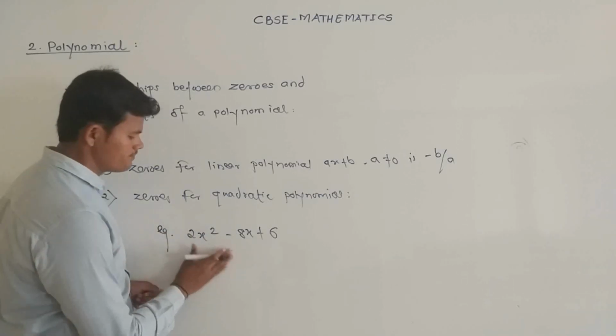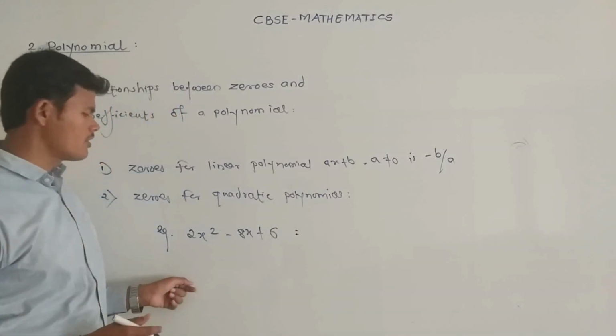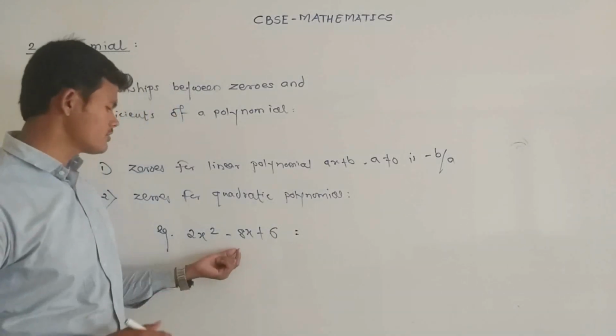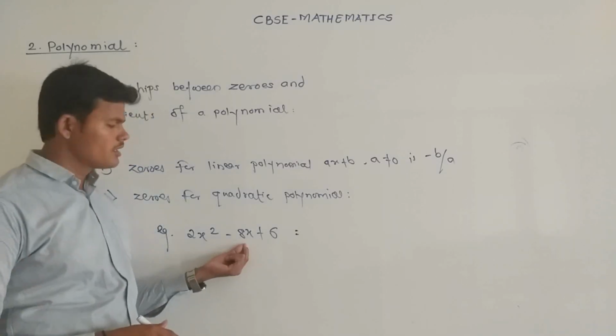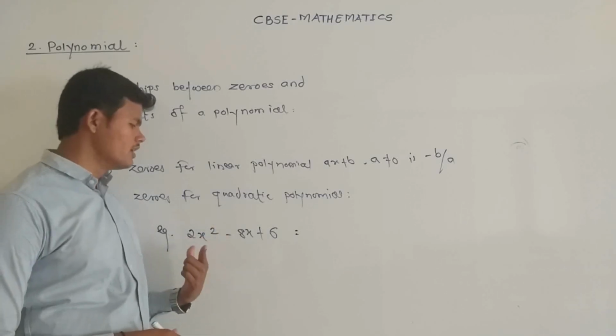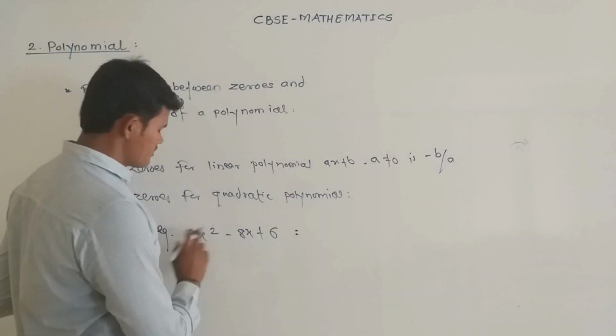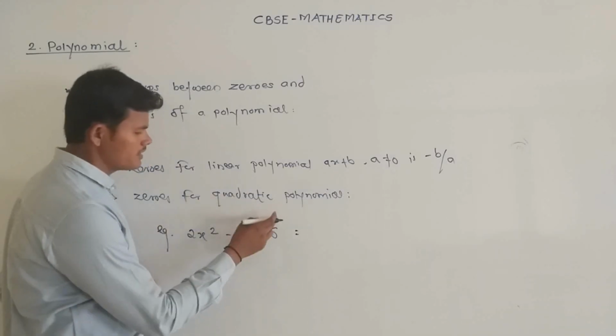To factorize this quadratic polynomial by splitting the middle term, we need two numbers whose sum is minus 8x and whose product is 6 into 2x square. To factorize a quadratic polynomial, multiply the first term and the last term.